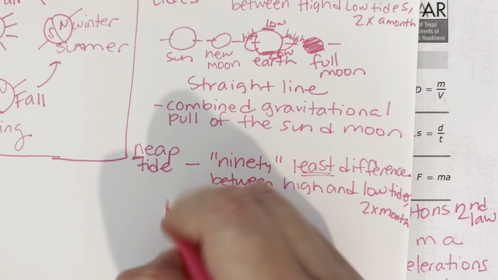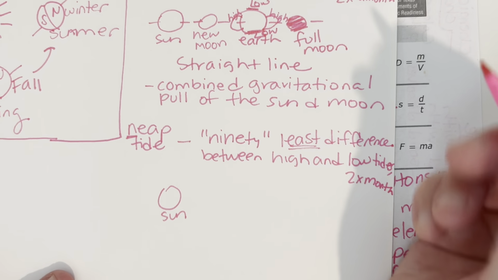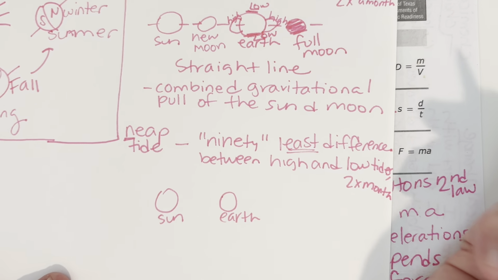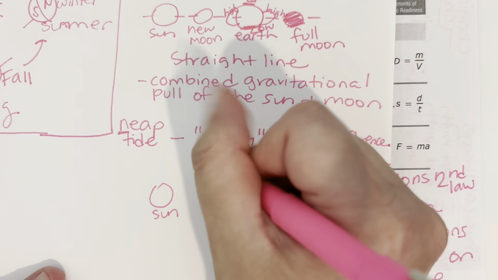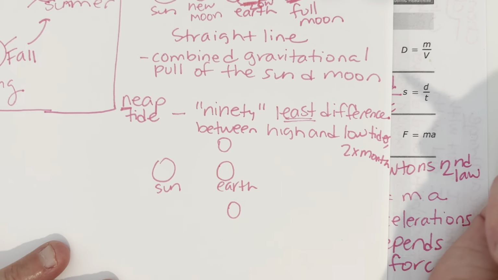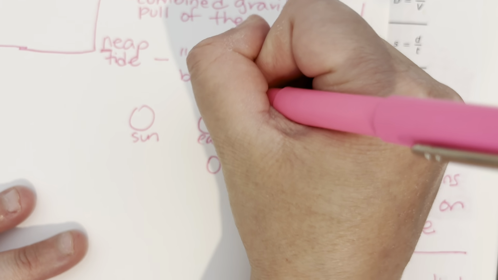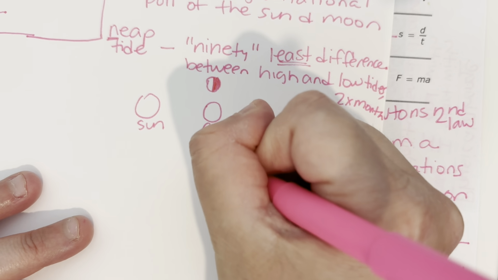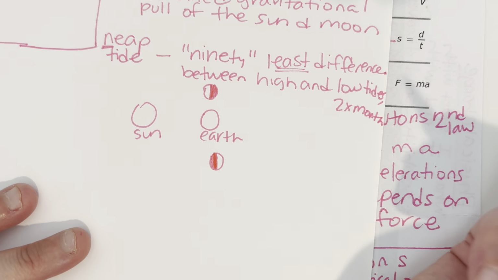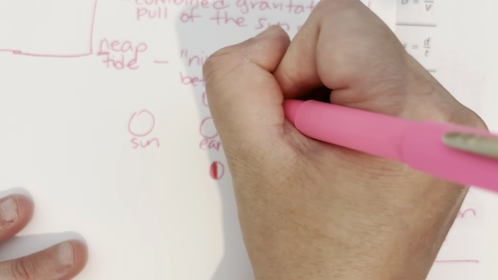So now we have our sun, okay? We have our earth, and then our moon is at 90 degrees. So here I can either have, we call these quarter moons. So I'm going to shade half of the moon in this case, and half of the moon over here. So this is called a third quarter moon.